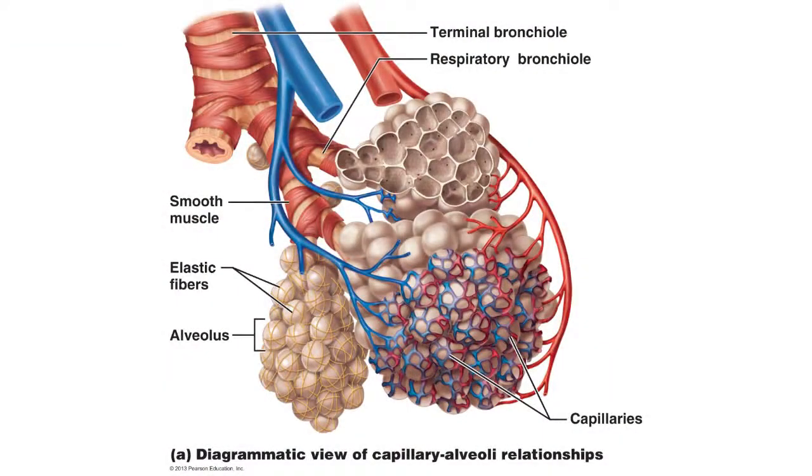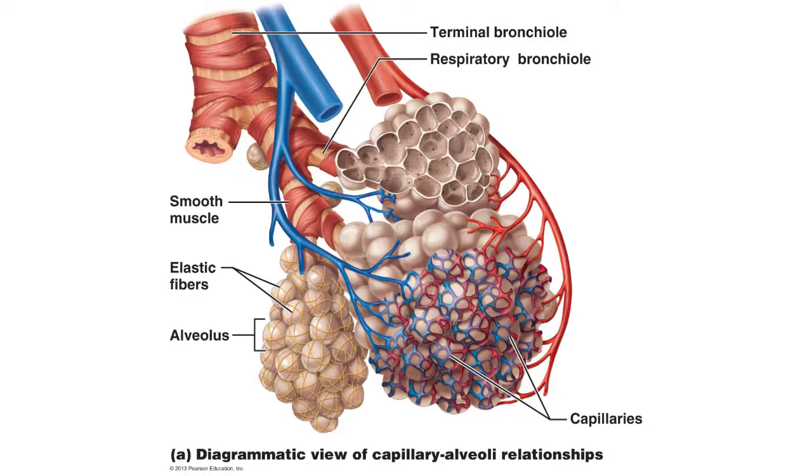Each alveolus has a very thin wall, and you can see that each alveolus is surrounded by a dense network of capillaries. When we think about gas exchange taking place in the lungs, the gas exchange is occurring because gases move between the blood that's flowing through those capillaries and the air pockets inside the alveoli.